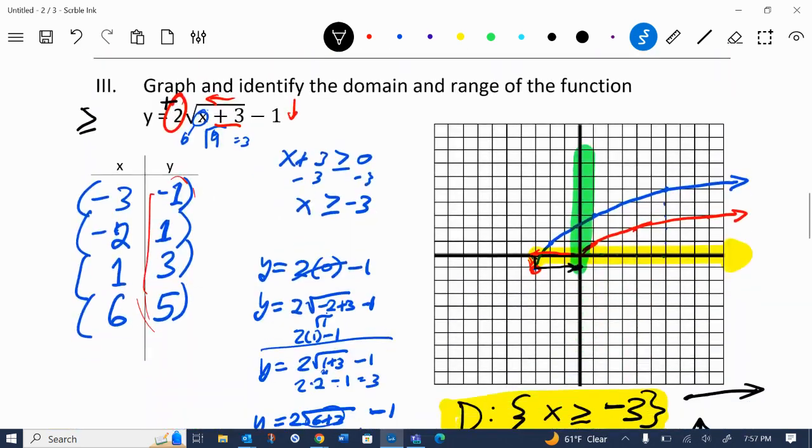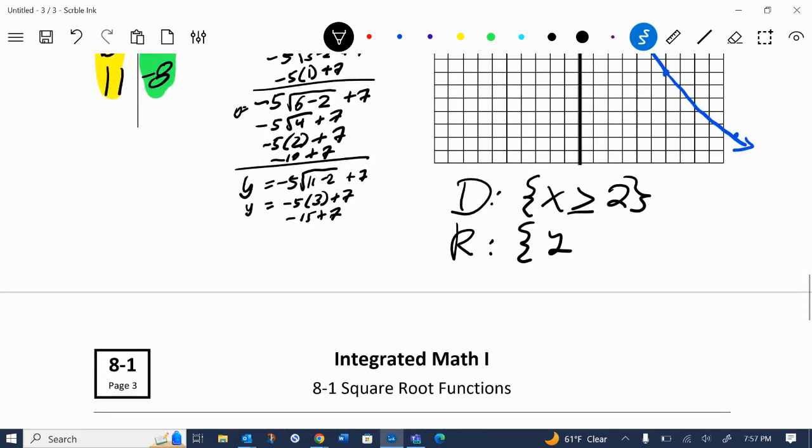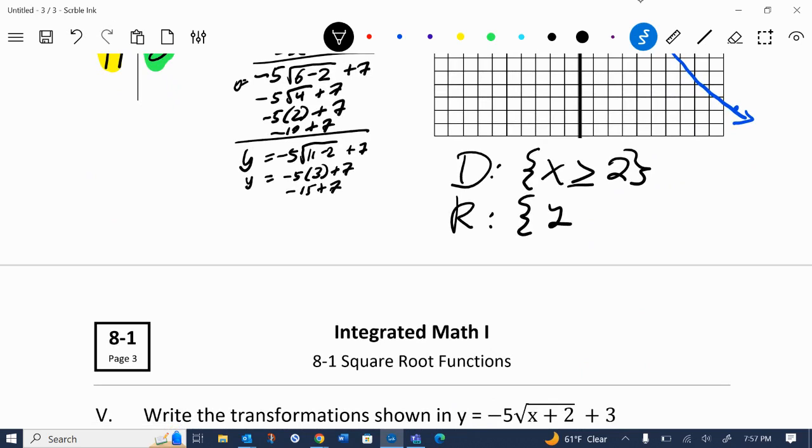Well, when we come down here, when you're dealing with a negative at the beginning, that means that the range will be less than or equal to, not greater than. And the reason is because what you see physically here with this, all the y values are below. So it's y's less than or equal to the 7. So the number that comes afterwards is still the right number, this 7.